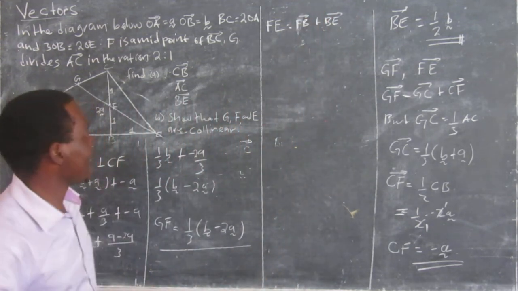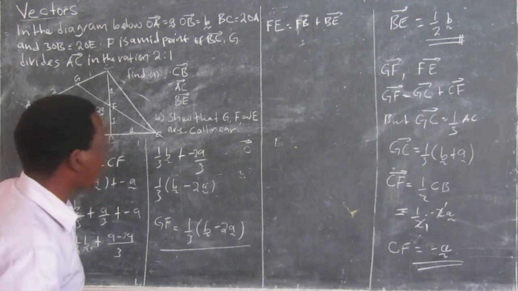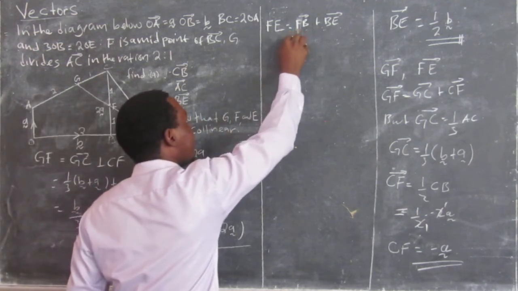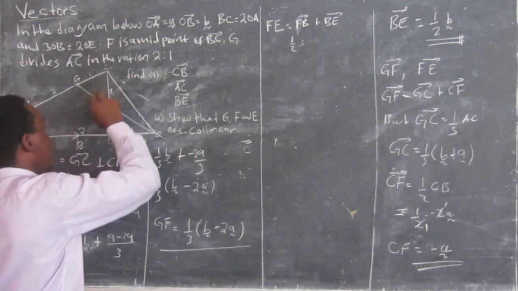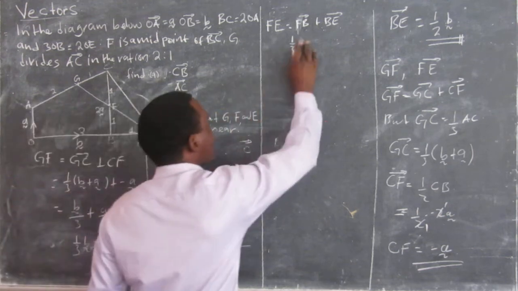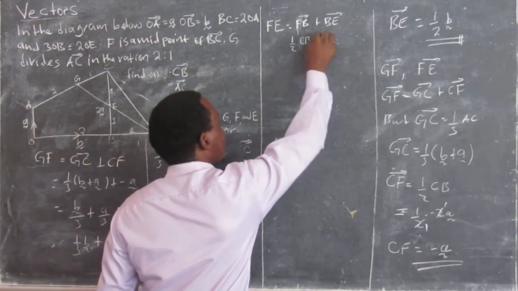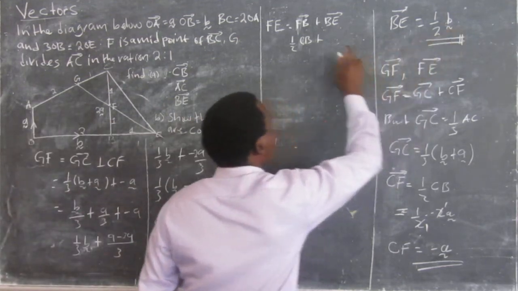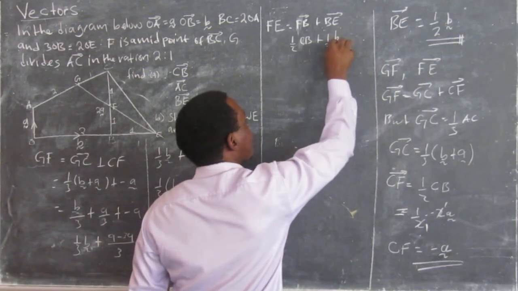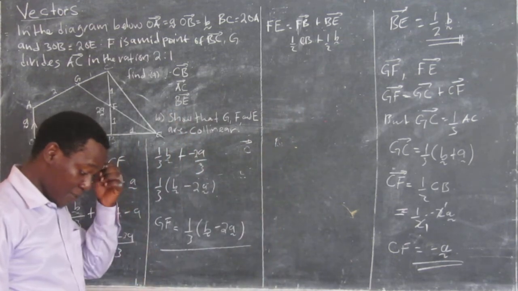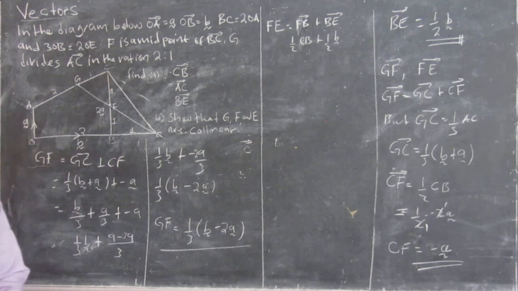Therefore, my dear students, here you apply my FB, which is going to be a half of CB, plus BE, which you have here, which is a half of B. Now here, my CB, if you recall, was negative 2A.